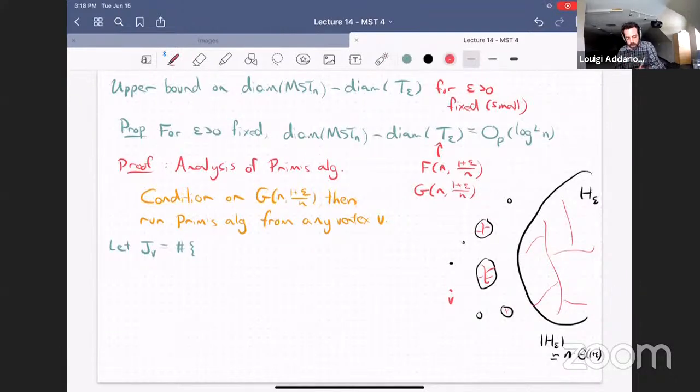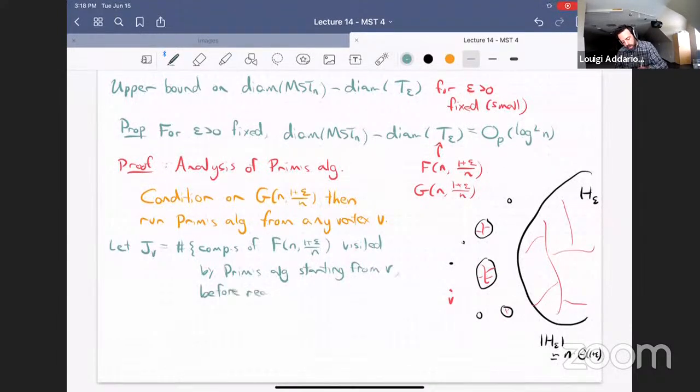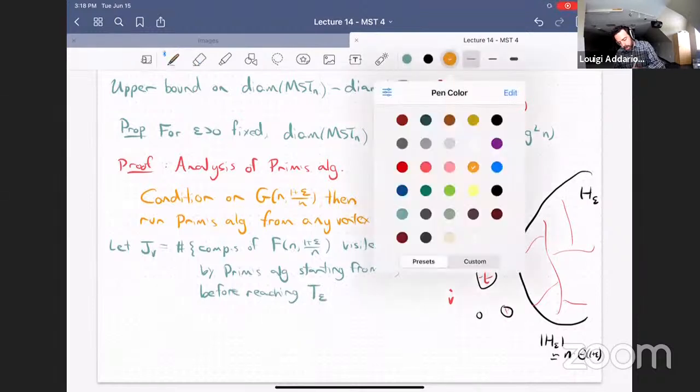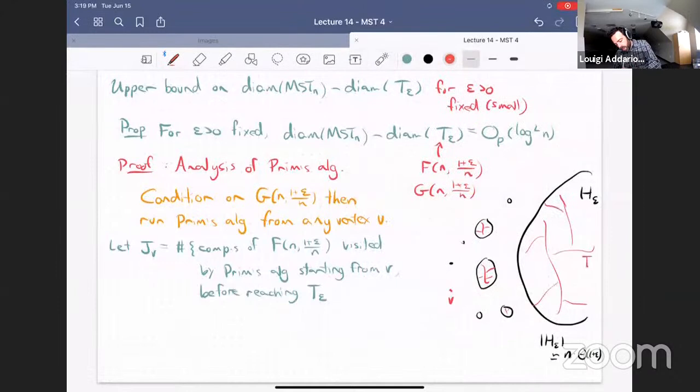So this is the number of components of F at (1 plus epsilon) over n visited by Prim's algorithm, starting from V and before reaching T epsilon. The spanning tree of H epsilon over here is T epsilon.